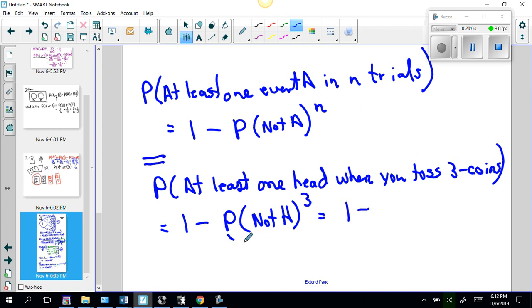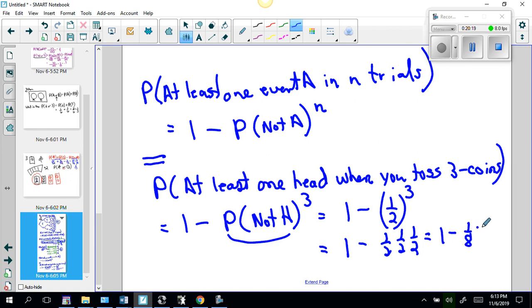But what's the probability of not a head? Well, that means the probability of getting a tail, and the probability of getting a tail is 1/2 cubed. 1 minus 1/2 times 1/2 times 1/2 is 1 minus 1/8, which is 8 over 8 minus 1/8, 7 over 8. Life's good. We use the at least one rule. It's pretty cool.